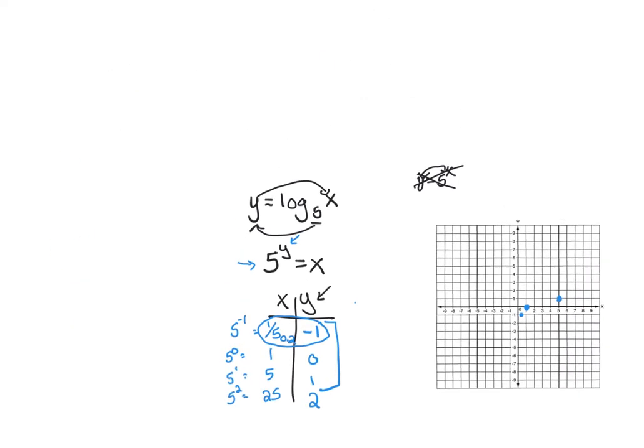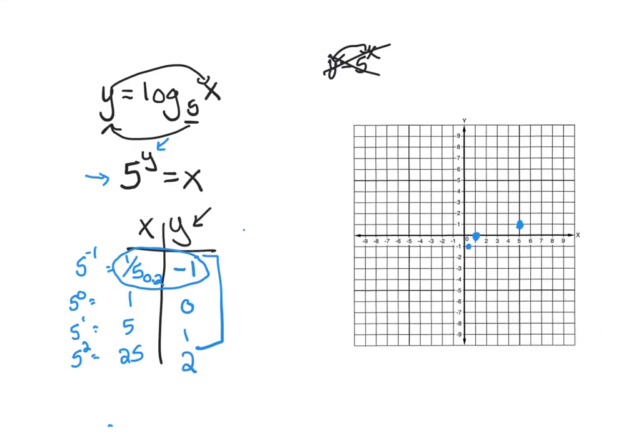So it has the asymptote, gets really close to that y-axis, goes through these points. There we go. And once again, the domain is hitting all x values that are greater than 0, and the range is hitting all y values, so it's all real numbers.